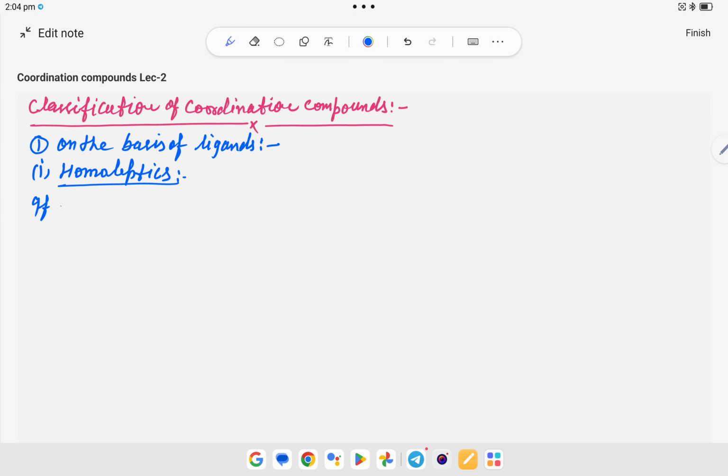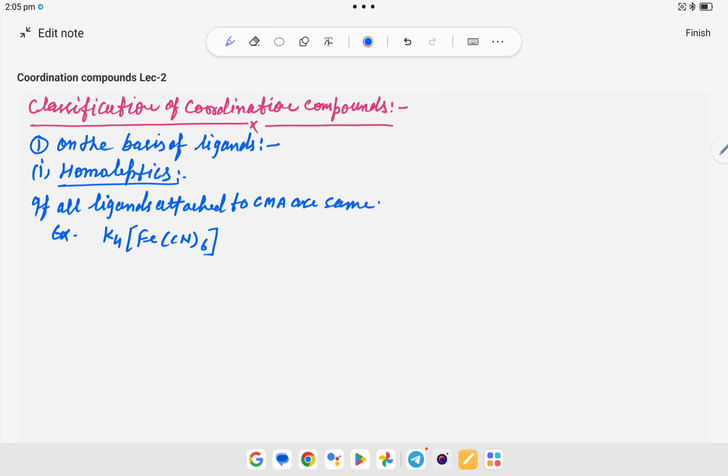If all ligands attached to the CMA, CMA means central metal atom, are the same, then homoleptic. Example, the previous one, K4[Fe(CN)6]. All ligands are the same, CN is the same ligand. Only one type of ligand is attached.